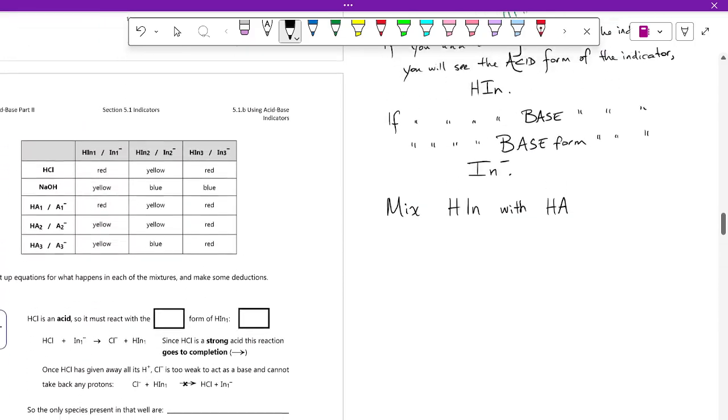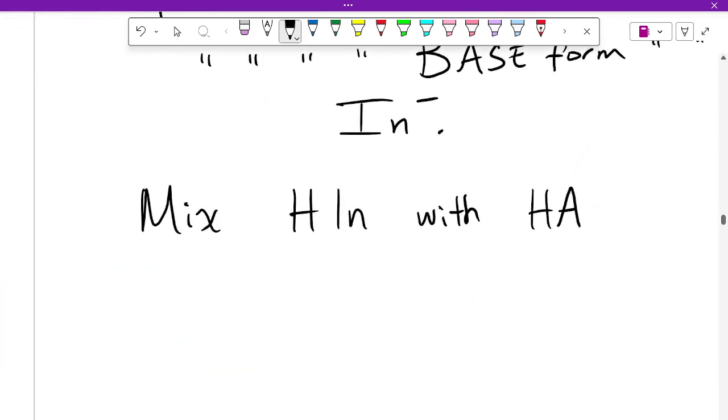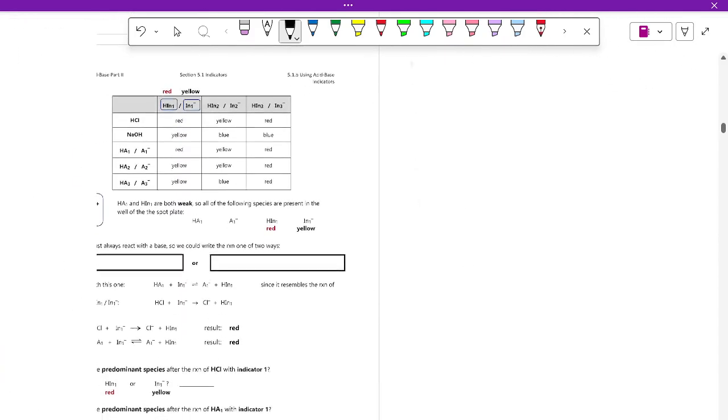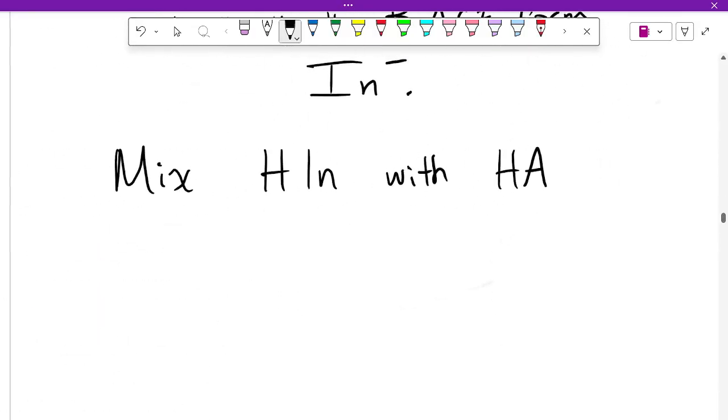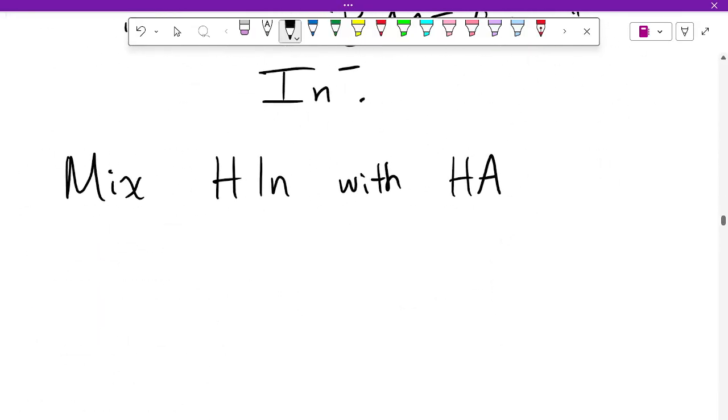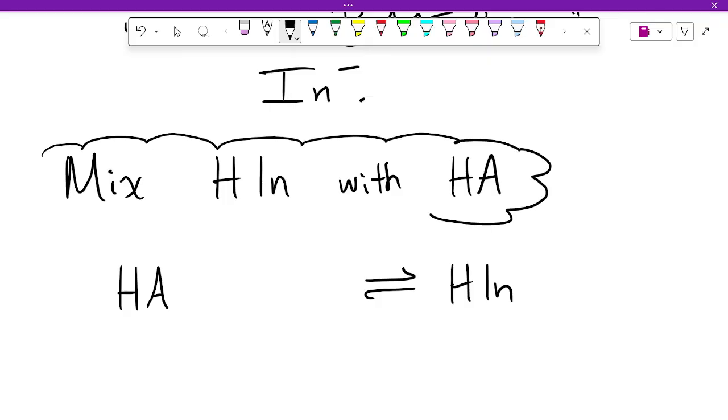Okay, I wrote the HAs that way. So if I have, let's just put HA on the left-hand side, and let's put HIN on the right-hand side of the equilibrium, because each side of the equilibrium needs an acid and each side needs a base.